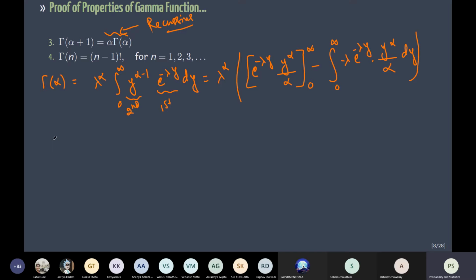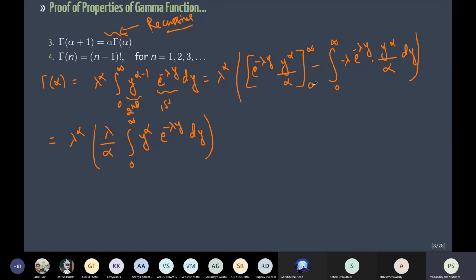If we evaluate this, if I put y to be infinity then that term is 0, and if I put y as 0 then this term is 0. So overall this boundary term is going to be 0. What we are left with is lambda to the alpha plus lambda by alpha, times the integral from 0 to infinity of y to the alpha e to the minus lambda y dy.